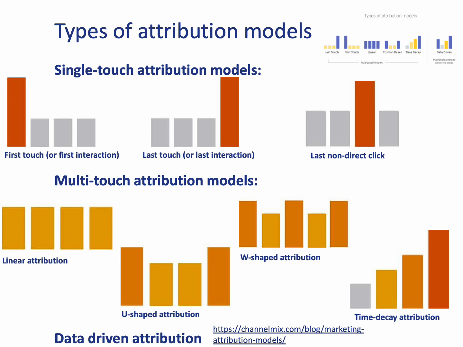Data-driven attribution is clearly the most developed and complex type of attribution model. And the benefit is that you will get the most accurate picture of how your marketing touchpoints are contributing to the revenue. However, it's the most difficult to use as well.